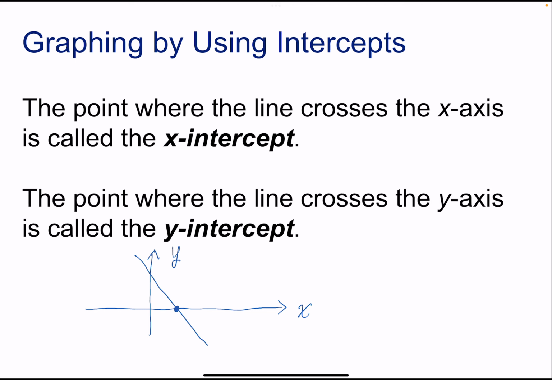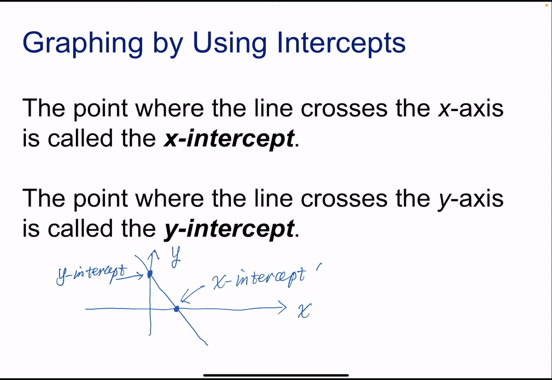So that's the x-intercept. And the y-intercept is where the line crosses the y-axis.